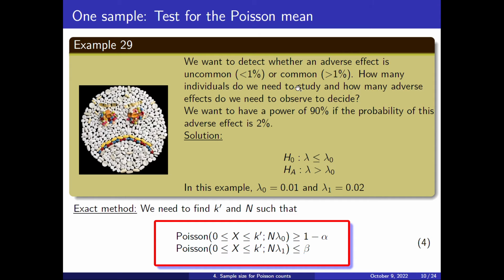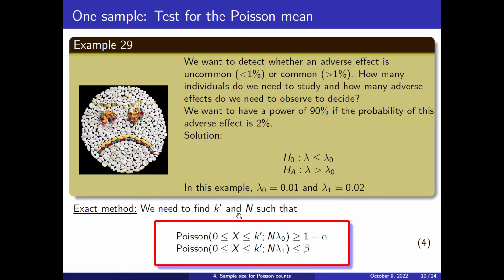How many individuals do we need to study, and how many adverse effects do we need to observe to decide? So for instance, we want to have a power of 90% if the probability of these adverse effects is larger than 2%. So we have a reference value that will be the 1%, and then if it goes beyond 2%, then we already want to have a statistical power of 90%.